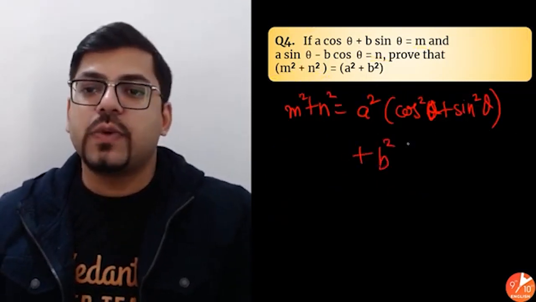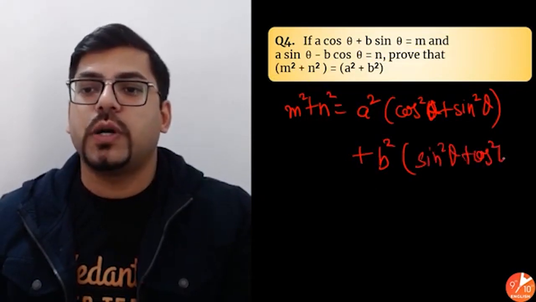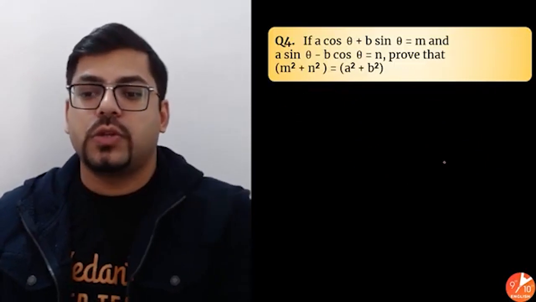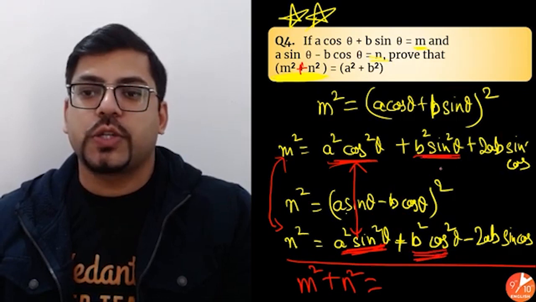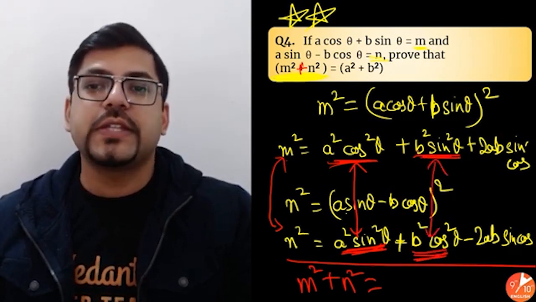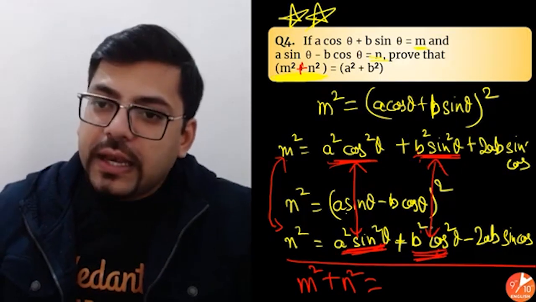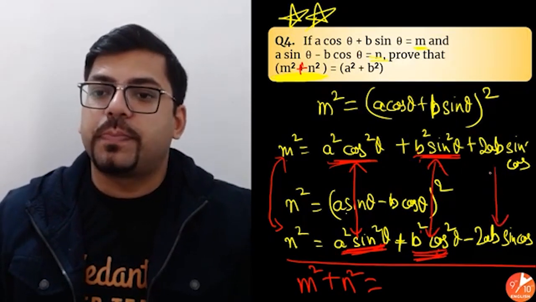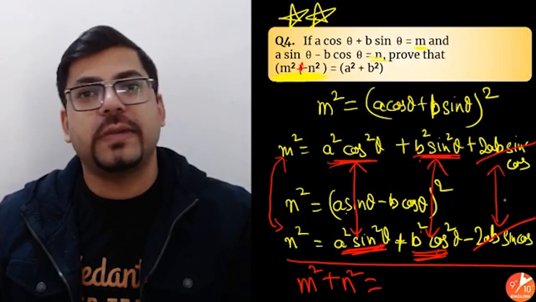Similarly, plus b square can be taken out common from b square sin square theta and b square cos square theta, and you will get sin square theta plus cos square theta. Now, if you add plus 2ab sin cos and minus 2ab sin cos, very simply they will get cancelled because of plus and minus.